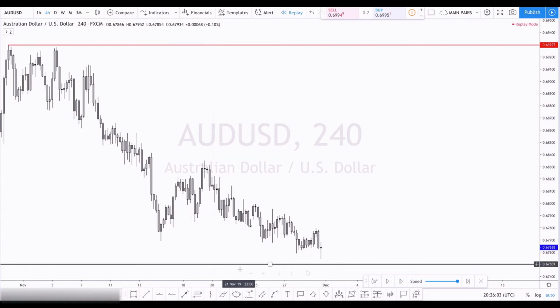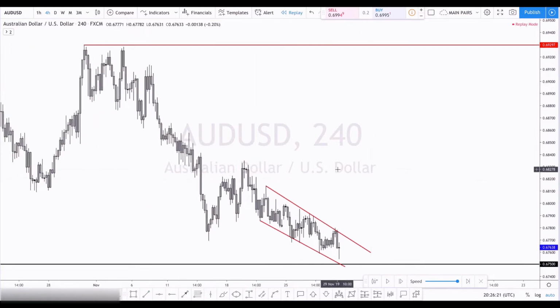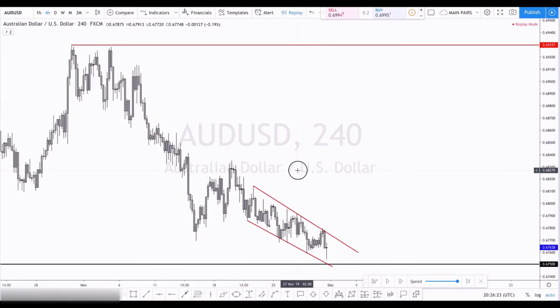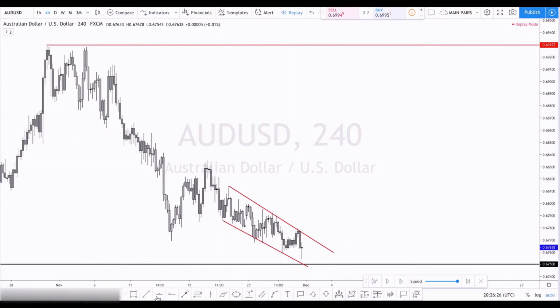When we look at Aussie dollar, we notice how structure can play a significant role. More importantly, we can see what I like to call a descending pattern in a downtrend. This is a reversal pattern for Aussie dollar. Let me illustrate it. If you have a downward trend and then you see a downward pattern, it tends to lead to a reversal.